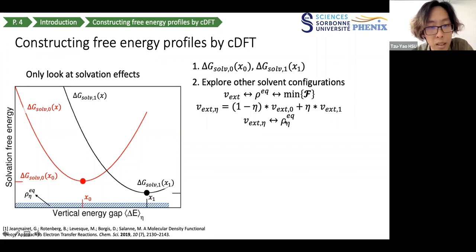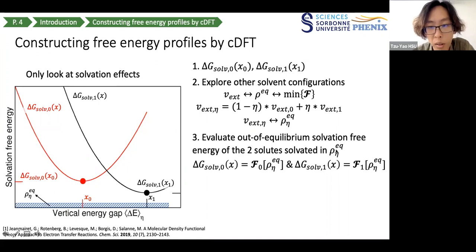Okay, and then we need to evaluate the out of equilibrium solvation free energy of the two solutes, 0 and 1, solvated in these intermediate equilibrium solvent configurations. And it should be mentioned that these solvation free energies are out of equilibrium, and we don't do a functional minimization at this step.